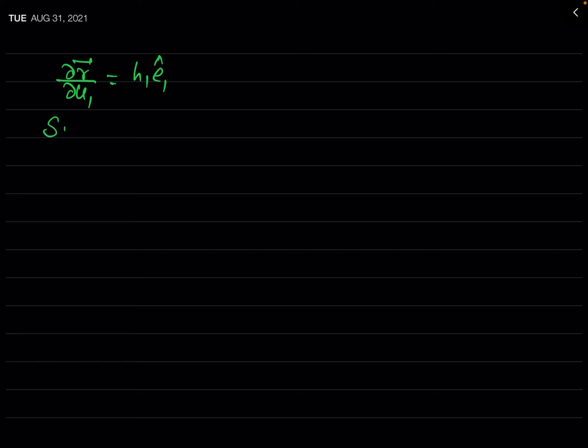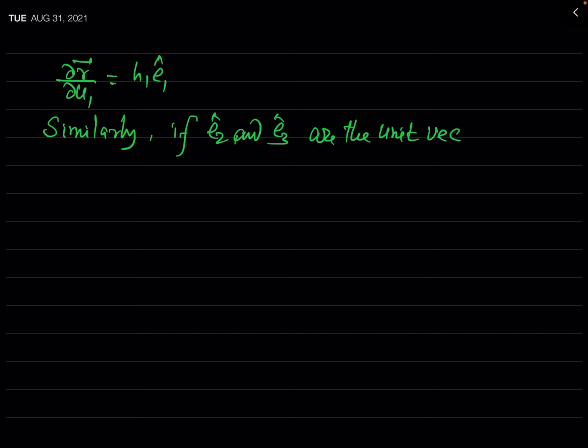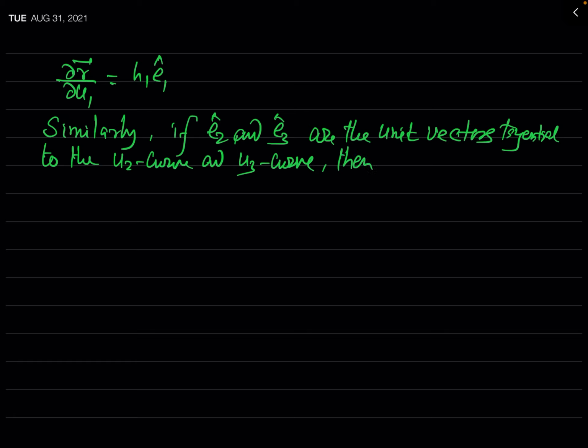So similarly, if e2 hat and e3 hat are the unit vectors tangential to the u2 curve and u3 curve, then in the light of this result you can write what del r by del u2 will be.